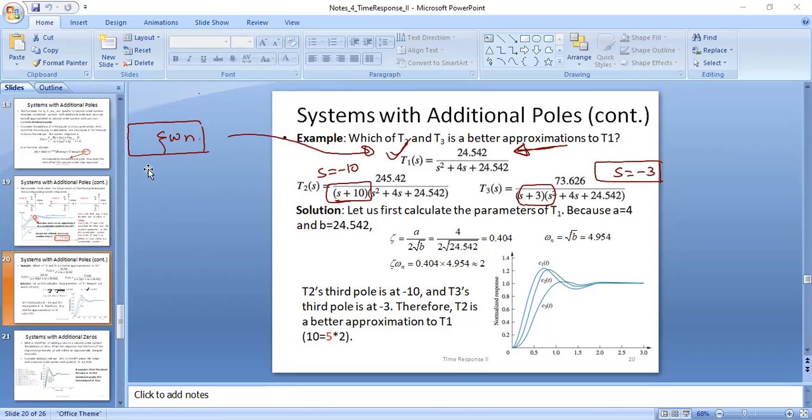We will find it from T1. If you compare 4s, 2 zeta omega n is 4. So zeta omega n is 2, right? If you compare with which formula? s square plus 2 zeta omega n s plus omega n square.